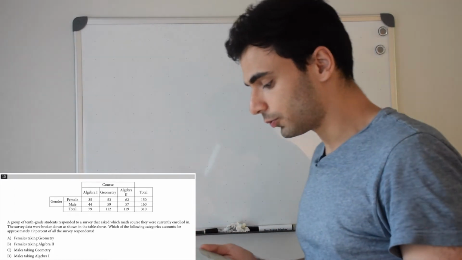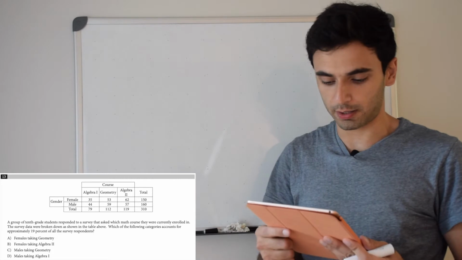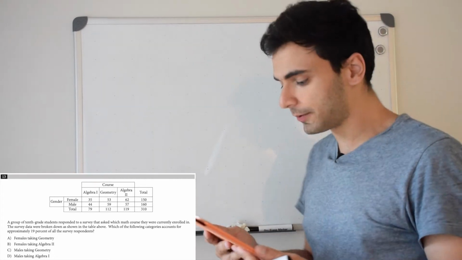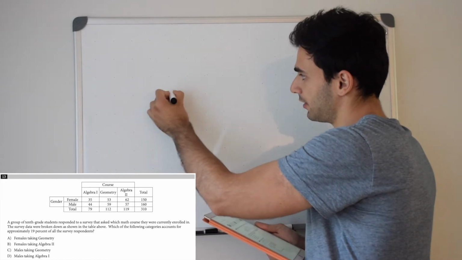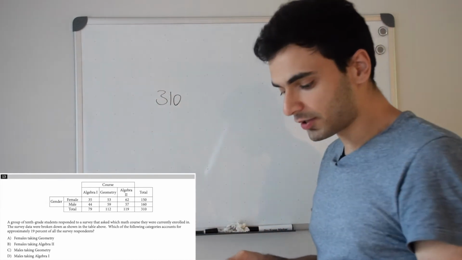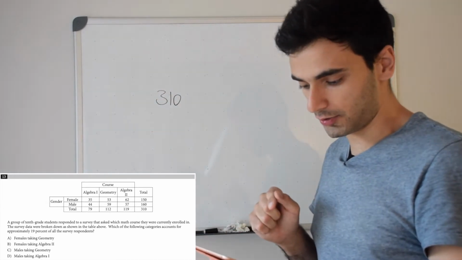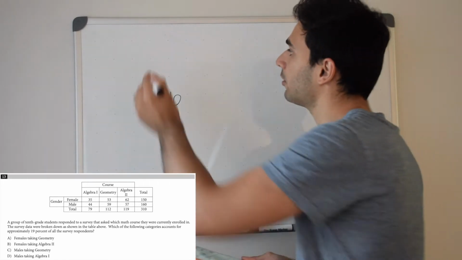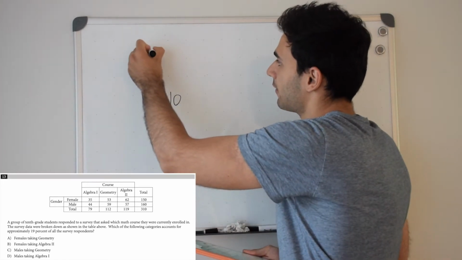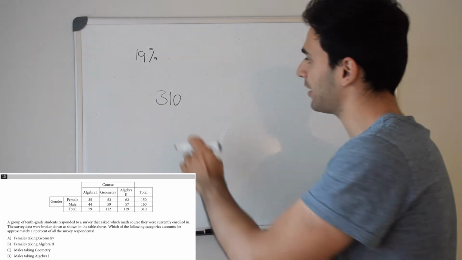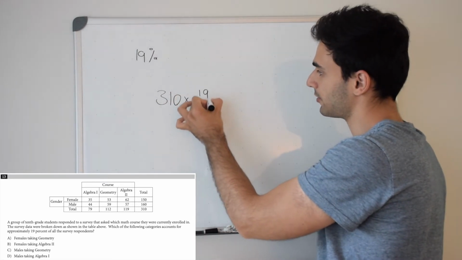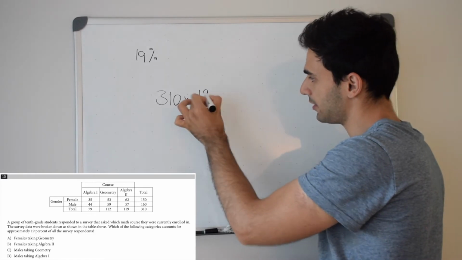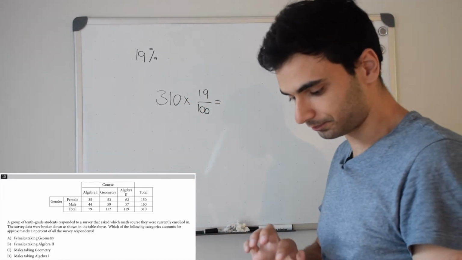Okay, so we see this table. We see the total people who contributed is 310. We want to see which of these categories actually account for 19%. So we can just multiply 310 by 19% and see what the answer is.